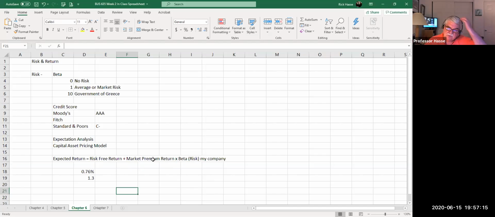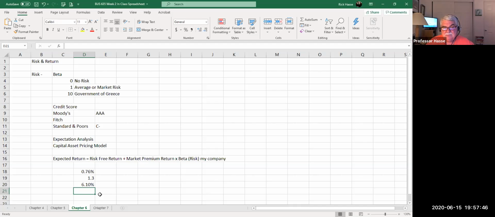What is the market premium? Well, the market premium is based on the current yield on the S&P 500. That's the market. The S&P 500 index, I looked this up earlier, didn't want to take up too much time, is currently 6.1%. That's the current yield on the market.